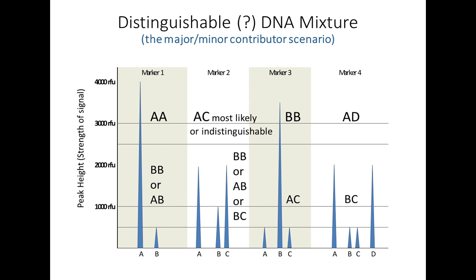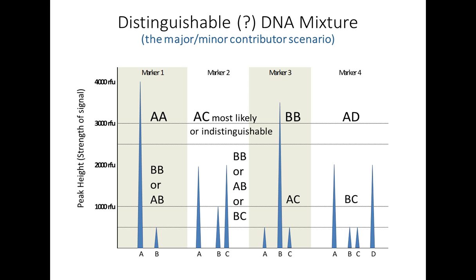So obviously, just as an example here, I'll show you one of the things that we were doing before probabilistic genotyping. We were doing interpretation of DNA mixtures based on what we call the major contributor, minor contributor scenario, where the height of the DNA peak in an electropherogram is correlated to the amount of DNA present.